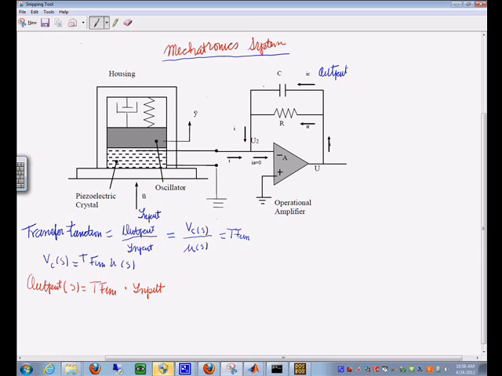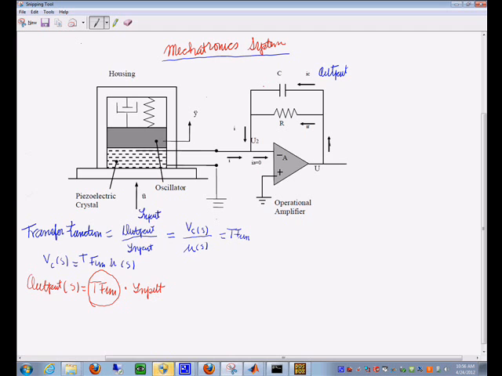All right. So if we know the transfer function, as we do here, if we know this ratio, we could perfectly well obtain an output given a certain input. Right? Does that make sense?